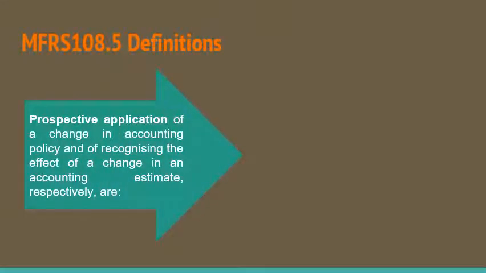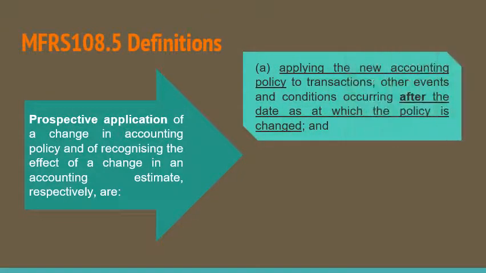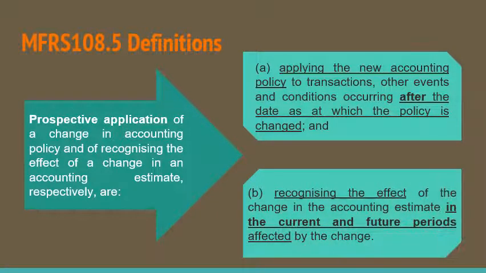Another important definition is prospective application. Now, the word prospective means expected to be the specified thing in the future. The keyword here is future. Thus, the standard defined prospective applications of a change in accounting policy and of recognizing the effects of a change in accounting estimate as applying the new accounting policy to transactions or other events and conditions occurring after the date as at which the policy is changed, and recognizing the effects of the change in the accounting estimate in the current and future periods affected by the change.